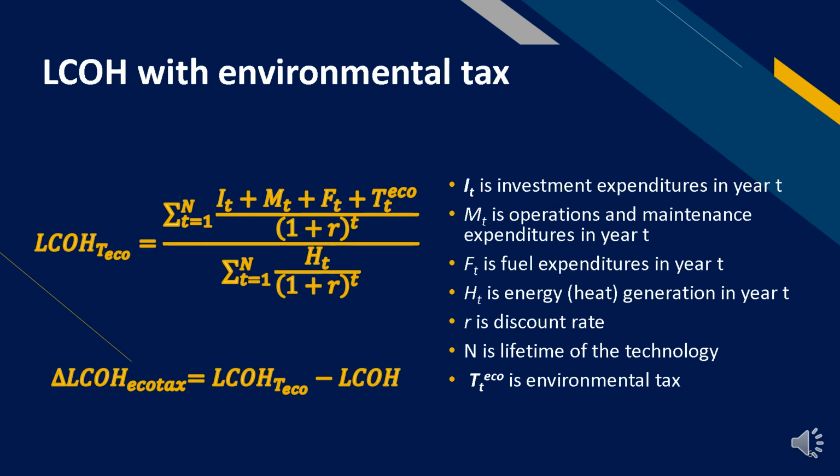The traditional LCOH formula was modified to include the influence of the environmental tax. The levelized cost of heat, taking into account the environmental tax, is calculated by the expression that can be seen on the slide. The change in LCOH due to the environmental tax is determined by the expression that can be seen lower.